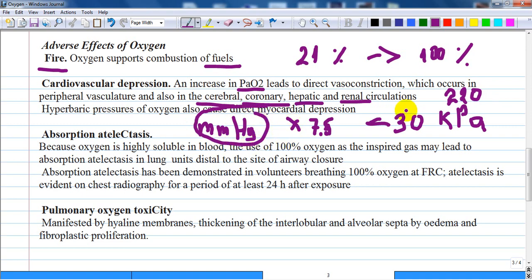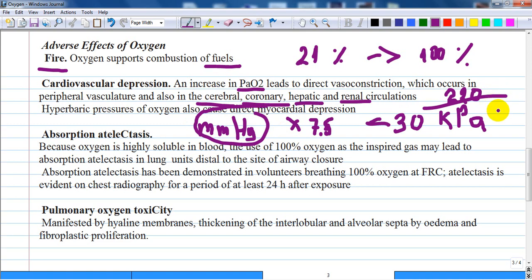So less than this pressure is not manifested with vasoconstriction, and assumes clinical importance only at hyperbaric pressure of oxygen.